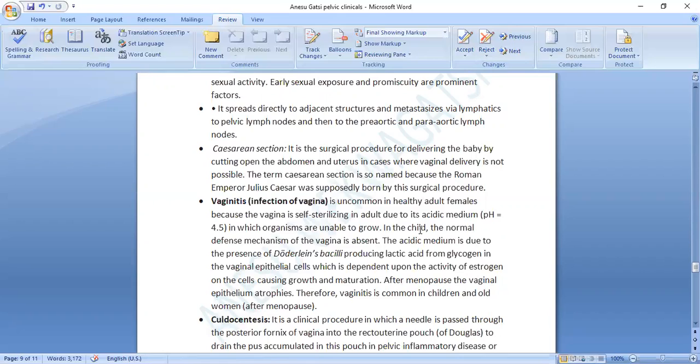Remember, we don't have glands within the vagina. So these are dependent on the activity of estrogen for cell growth and maturation. So after menopause now, the vaginal epithelium atrophies. So vaginitis then becomes common in menopausal women, and it's also common in children where the normal defense mechanism is absent.